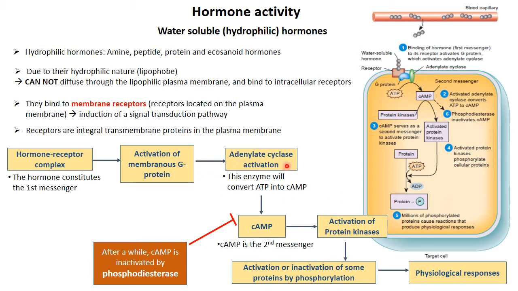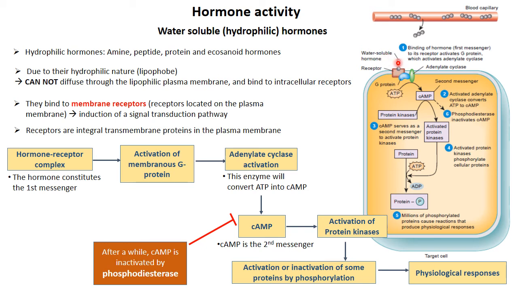Here we took an example of a receptor, which is the G-coupled protein receptor. We have other types of receptors that can be activated by those hormones, which are the tyrosine kinase receptors. But here we will talk only about the G-coupled protein receptors, and how they induce a response inside of the cell.